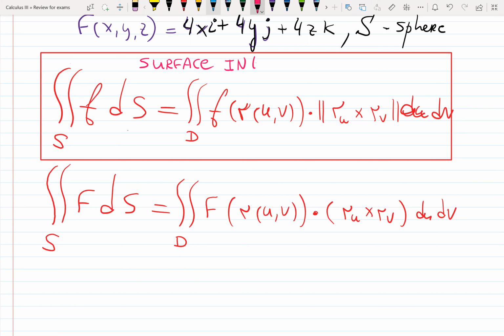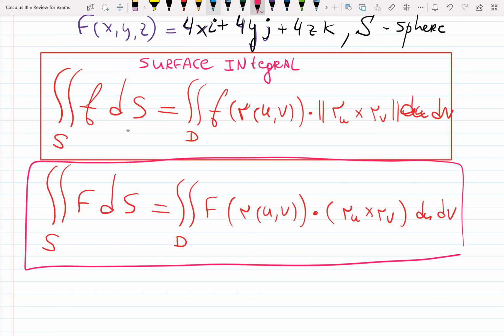The second one actually finds the flux, which means now the surface integral has some F introduced. F is the vector field. So it will be surface integral, but with capital F, integral of F. And basically, if you see F was given to you, capital F, the field, then you know that you should use the second formula. Formula number 1, formula number 2. What else to mention here?